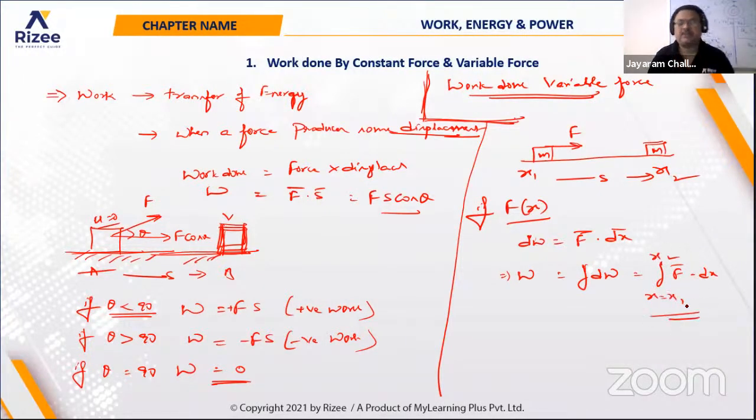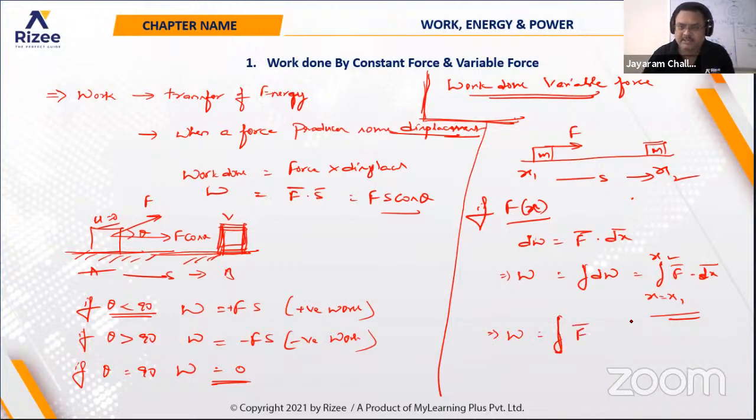So like this, you can go for the variable case. If the force is a function of time, this is going to be your dx bar. If it is a straight line, you can directly write it as dx or dy or anything, depending upon the function of the force. If it is a three-dimensional thing, then the same can be written as work done W is equal to integral of some function F bar.